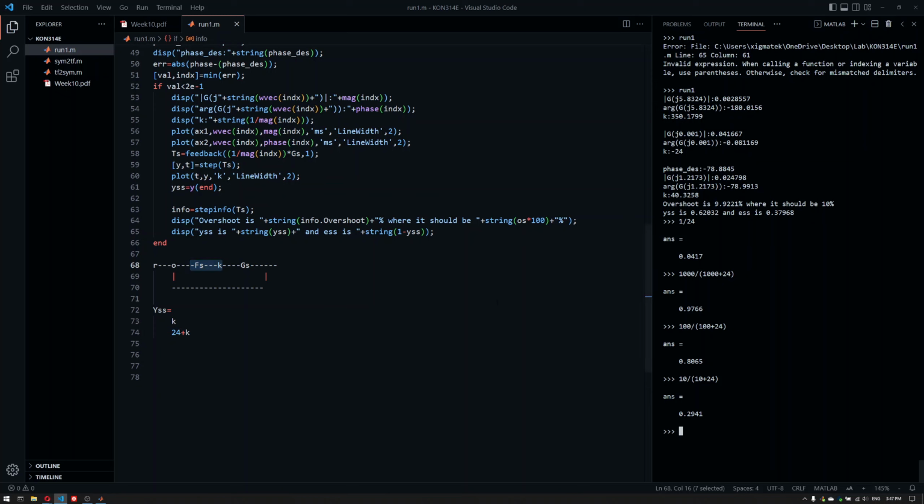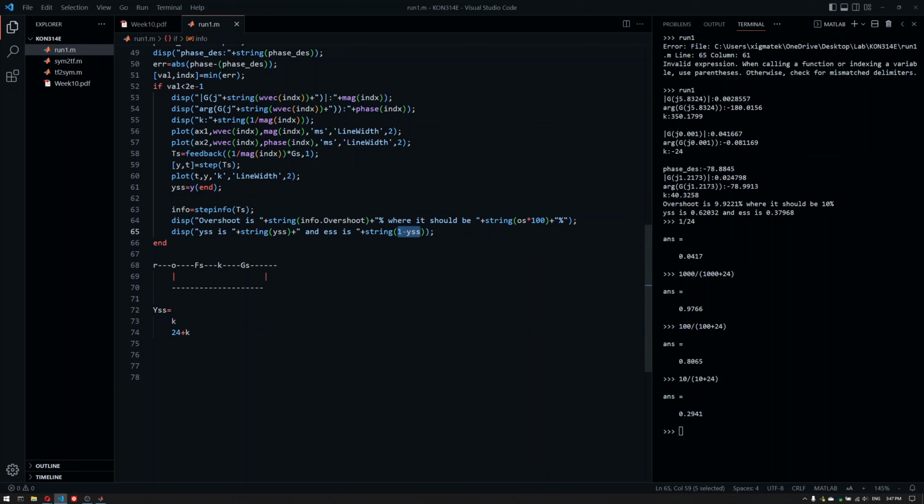So now, if this is the steady state value that we're looking at, we know that this is 40, by the way. So the overall gain that we should end up with should be the following. Now we know what this is.